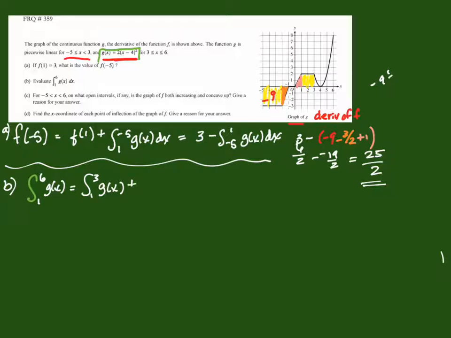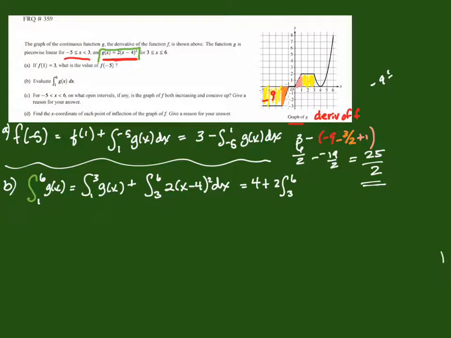Plus the integral from 3 to 6 of 2 times (x minus 4) quantity squared dx. All right, now that's equal to 4 plus, and okay, we're going to use u substitution a little bit. So we'll pull the 2 out. We'll go 3 to 6. And actually, we don't even need to use u substitution, do we?